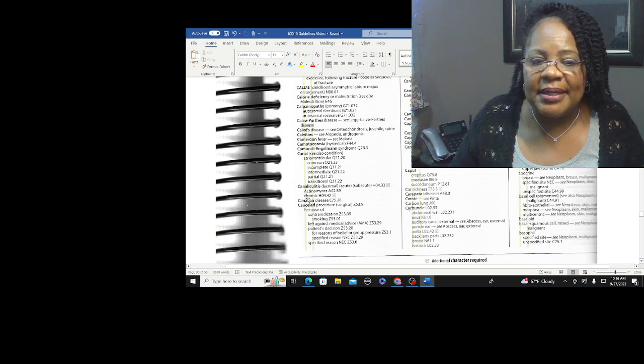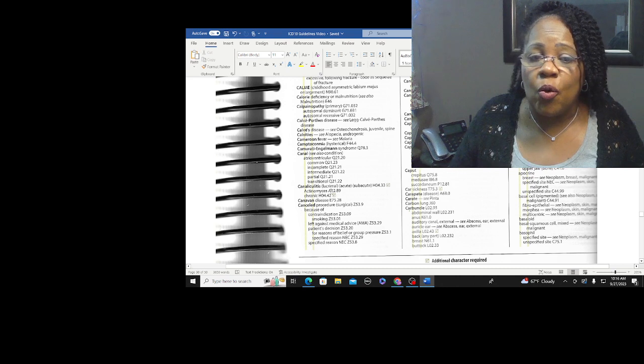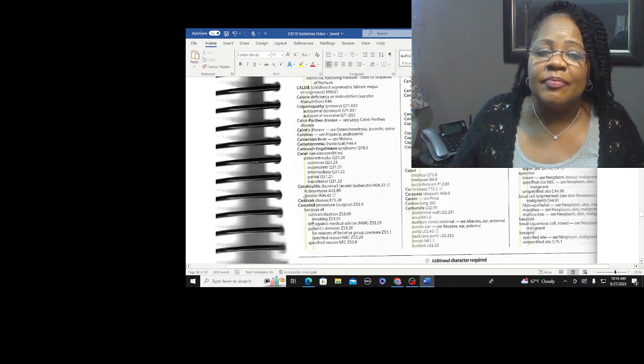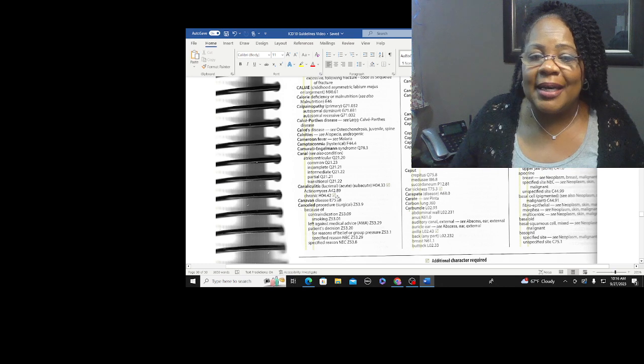And because chronic is indented underneath, if I code chronic, it will also include acute in this one code, because acute is a non-essential modifier, which means it's still here. Chronic is indented underneath canaliculitis, then this one code identifies both acute and chronic.